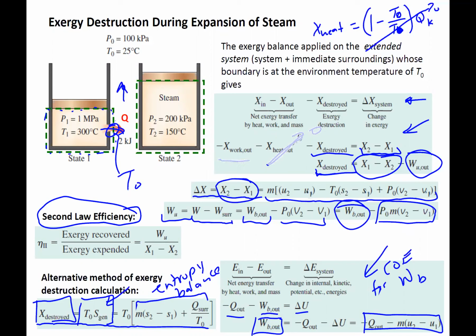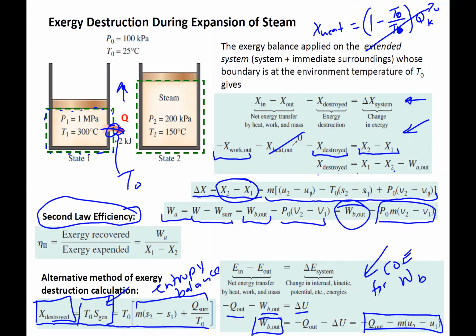If we want to do second law efficiency, let me erase all my scribblings over here because this is the good part for it. We have no heat transfer, so that's nothing there. But we have exergy by work, we have X destroyed, and we have the change in exergy of our system. Well, that's our three things.